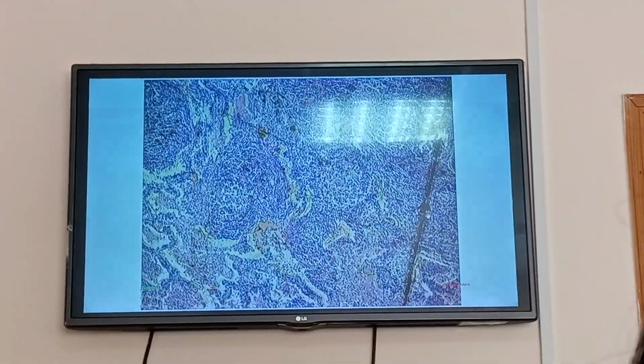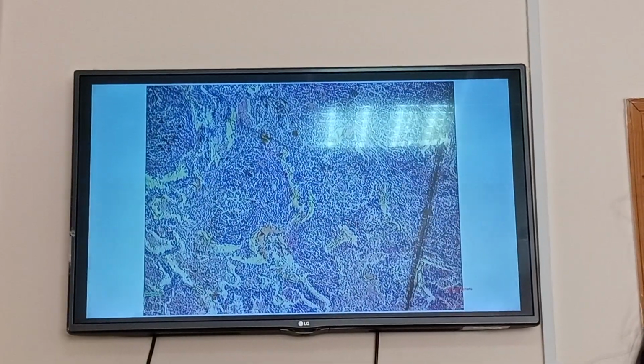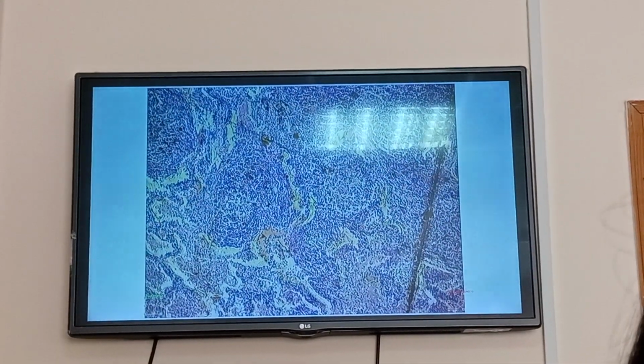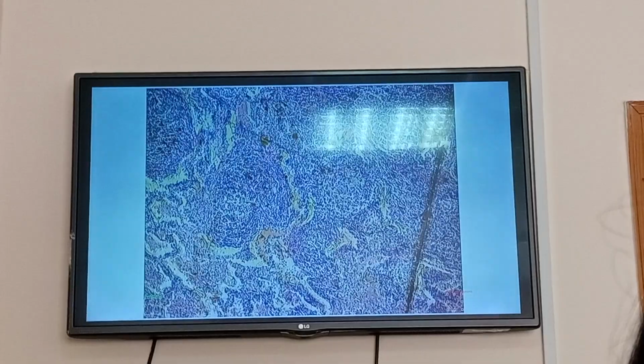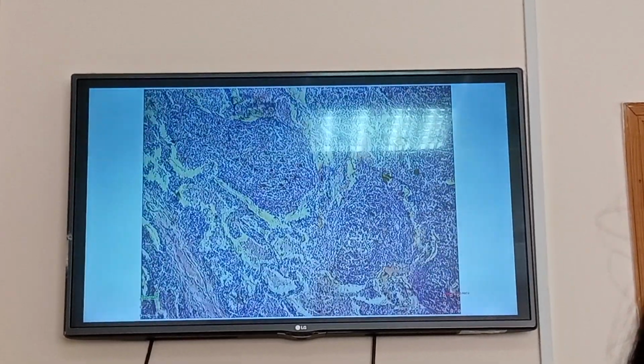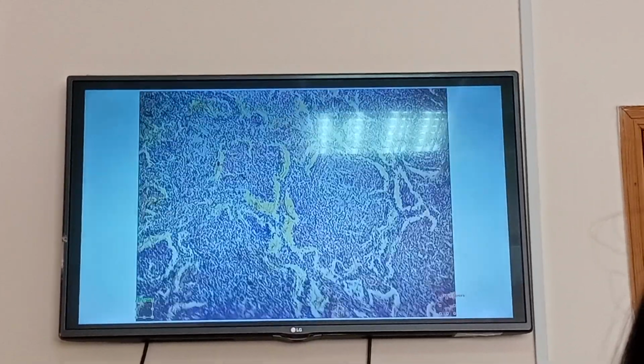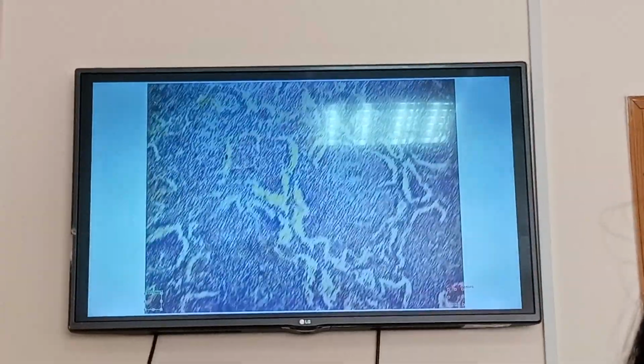So we don't show large necrosis, caseous necrosis. We show minute caseous necrosis. And in the center of this structure, I want to find the proper structure. Show.